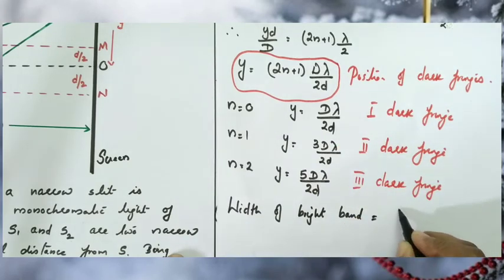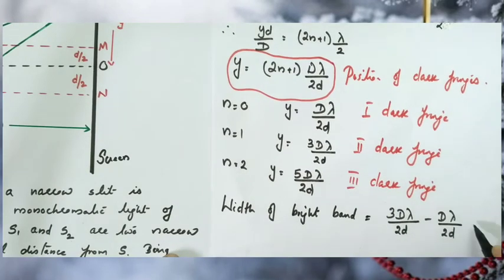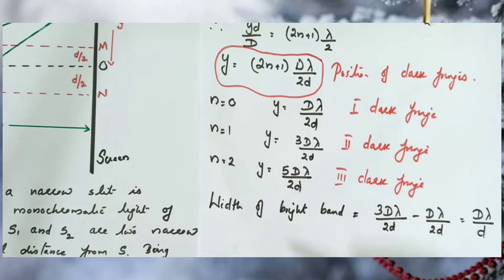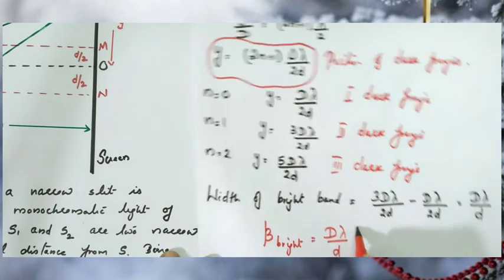We can subtract any two values, 3 D lambda by 2d minus D lambda by 2d, and the answer is again D lambda by d. Clear? So the width of the bright band, beta bright, is also D lambda by d.